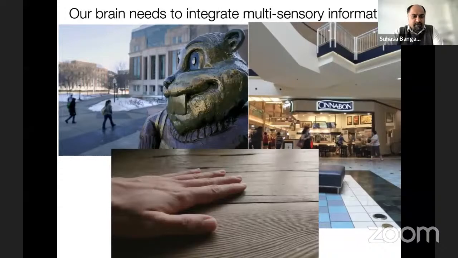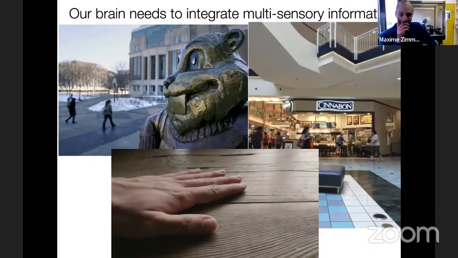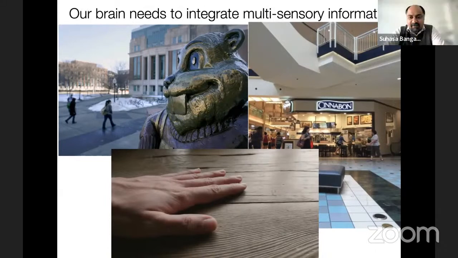Yeah, so the picture on the left is a sculpture in front of my building. I use that as a landmark to navigate when I'm outside, right? There are other features that might be around, right? Other sculptures that tell me I'm in front of the molecular and cell biology department, for example, right? But we're using multiple senses, right?